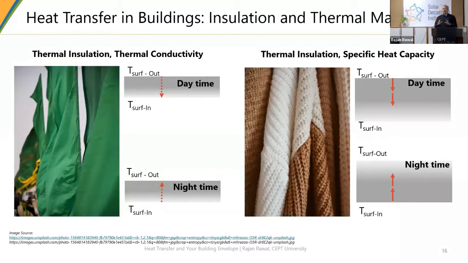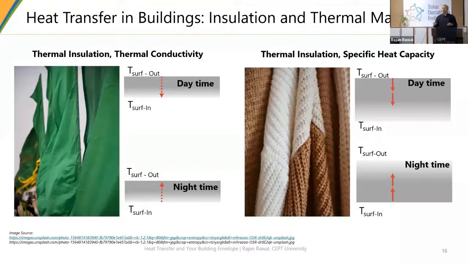Keep one thing in mind, both of them have an advantage, both of them have a disadvantage. When you are putting insulation, it is not allowing outside heat to come in. But if you are generating heat inside, if you have a lot of computers inside, a lot of people inside, if your internal load is very high, it will not allow that heat to go out.